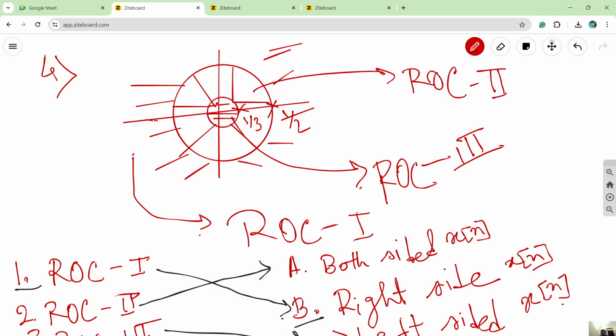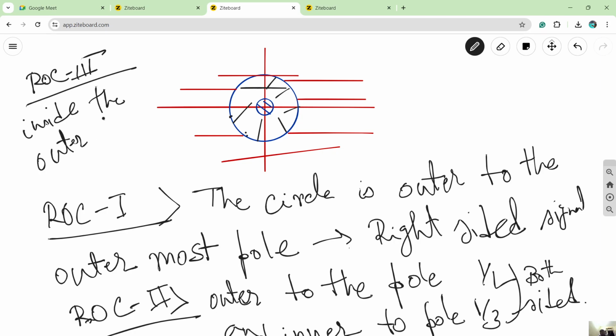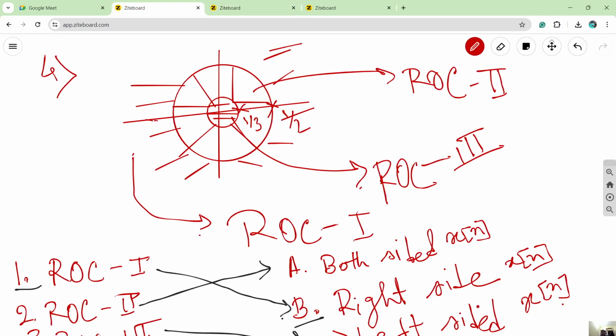And ROC3 is the left sided signal because it's only inside the outermost pole. Sorry, it's not outermost, it is inside the Z equal to 1 by 3 pole. So for ROC3, these are left sided signals.